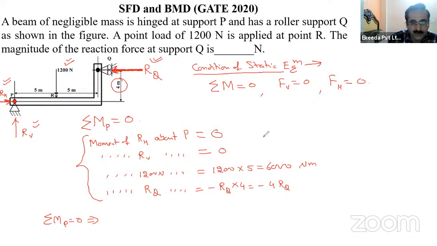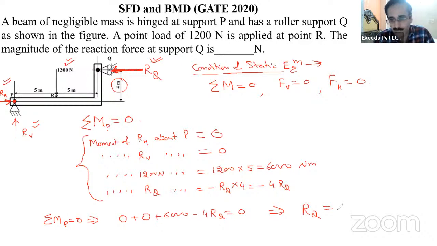So 6000 minus 4 RQ should be equal to 0. From here we can find RQ, the value of the reaction, which is 1500 Newton.